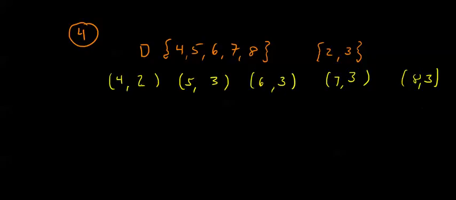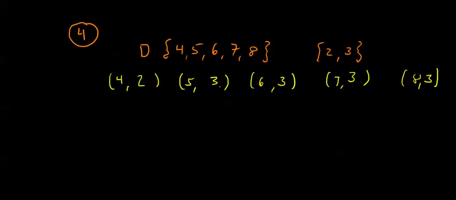There's no other option. All right? 4 is used once, 5 is used once, 6 is used once, 7 is used once, 8 is used once. And I have 2 choices here, but when x is 4, it's either 2 or 3.